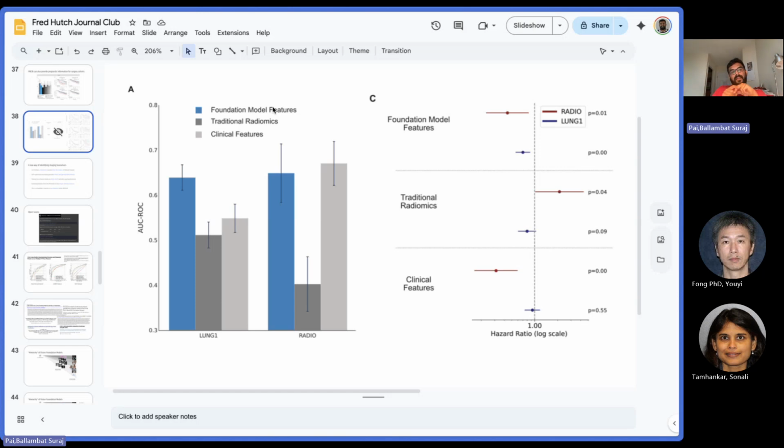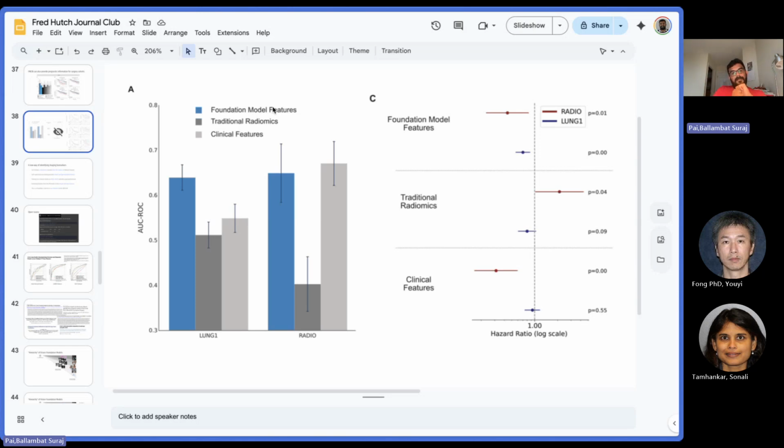And then for clinical features like TNM staging, we again see that there might not be a very strong correlation between TNM and the foundation model features, but there is still some sort of correlation between the two. I would like to think that they're complementary and not really replaceable with each other, right?